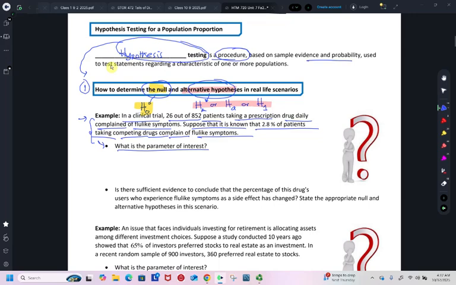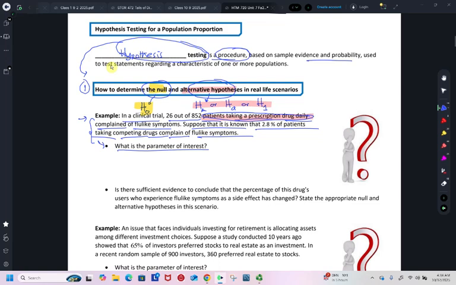What we are looking for here is a population of interest, and regarding that population, a particular characteristic that is also of interest. You might agree with me that we're interested in the population of all patients who are taking prescription drug daily. Regarding that population, there is a characteristic of that population that we are interested in.